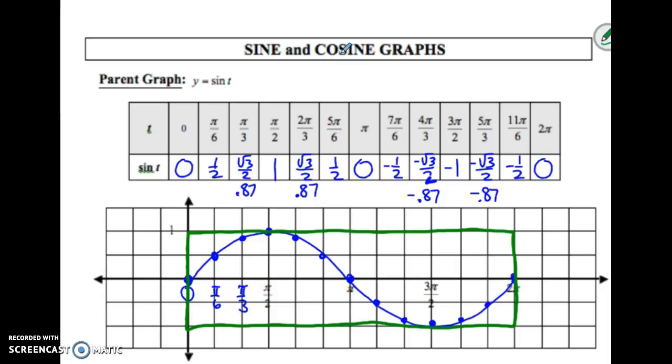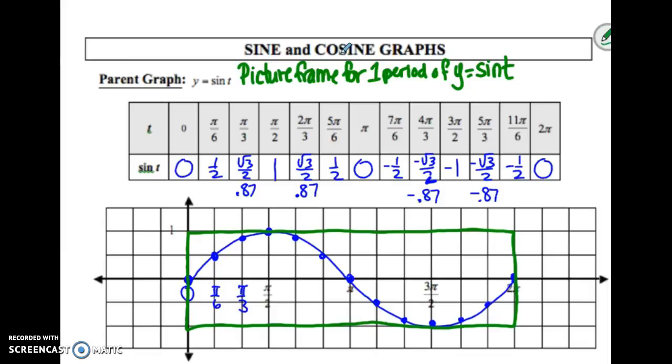Okay, so I'm going to write up here: picture frame for 1 period of y equals sine of t.